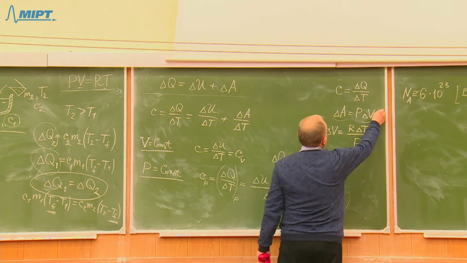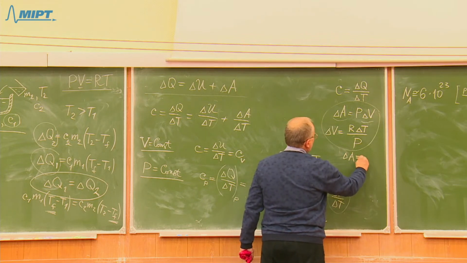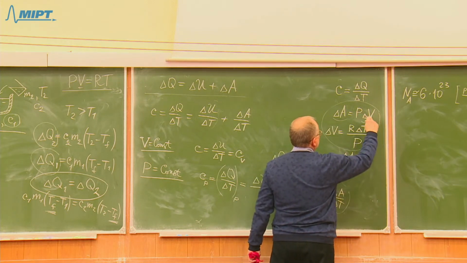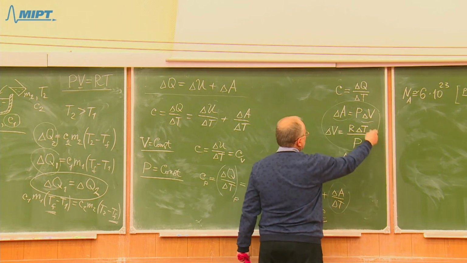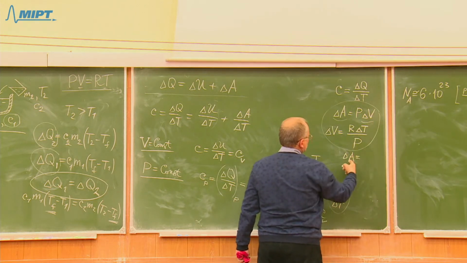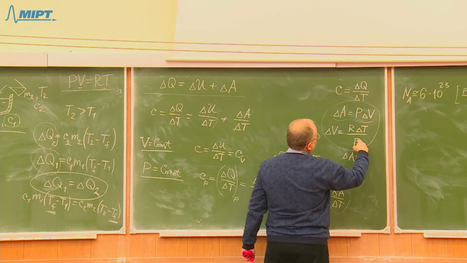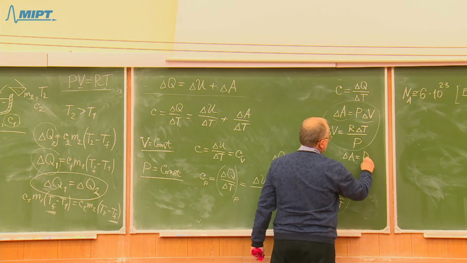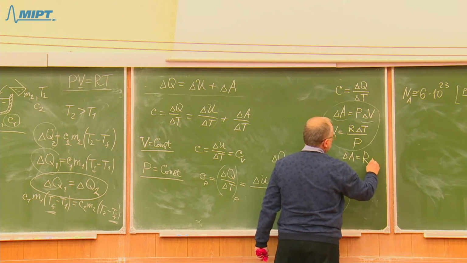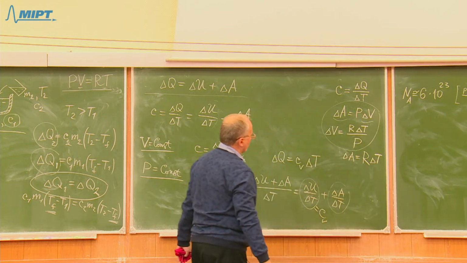And so from these two equations, we immediately obtain that the work produced is pressure times delta V, but delta V is given by this expression. When we substitute delta V here, we will find pressure cancelled, and the work produced will be R delta T. And pressure here and here will cancel.